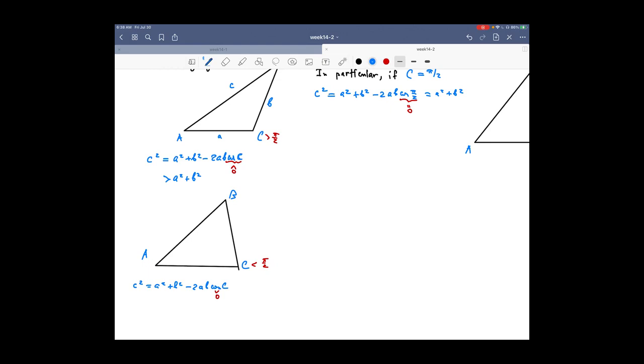And so negative 2ab cosine C will also be negative. And if we neglect this, we will get a quantity less than a squared plus b squared.